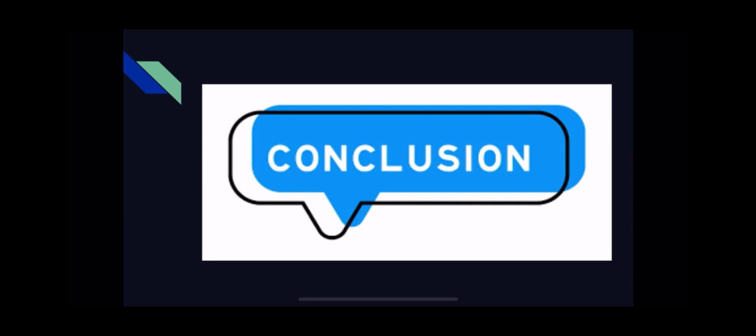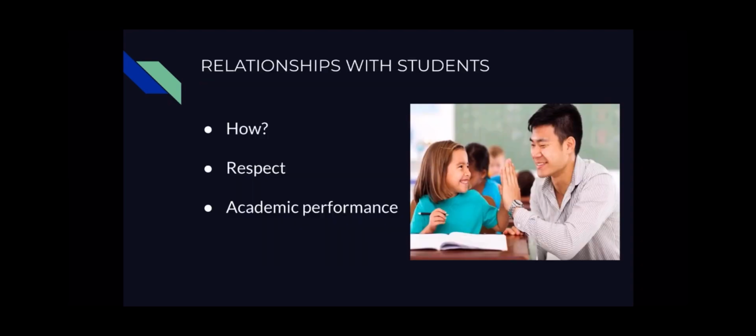So now we're going to get into a couple of general tips that we all put together. Relationship with students: go the extra step in order for your students to know that you care for them. That can be anything from having extra pencils for them if they need it, or extra books if they need it.